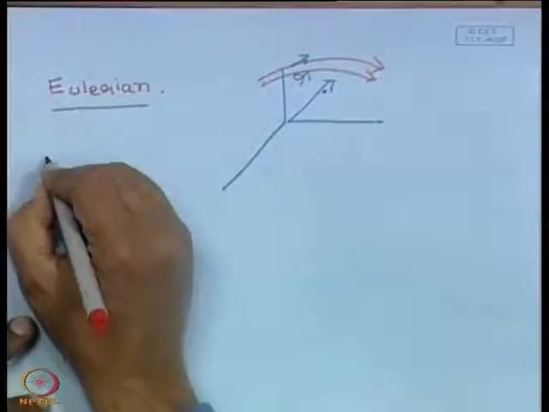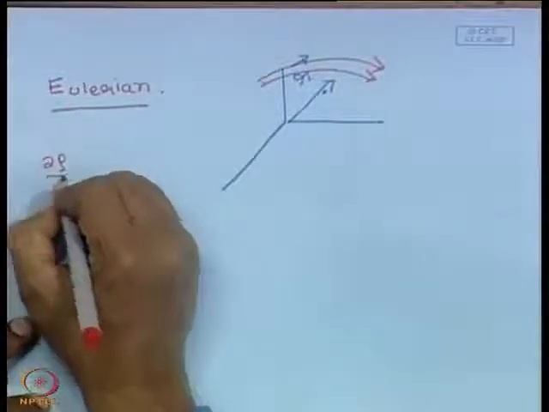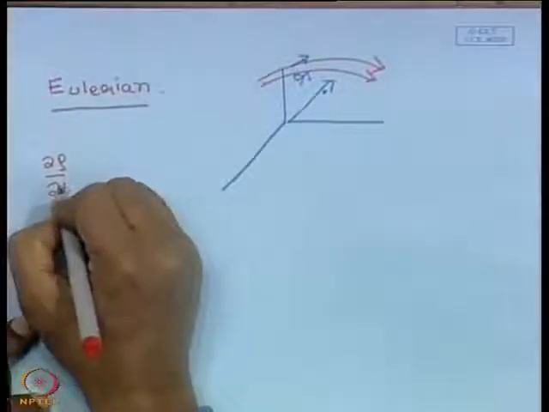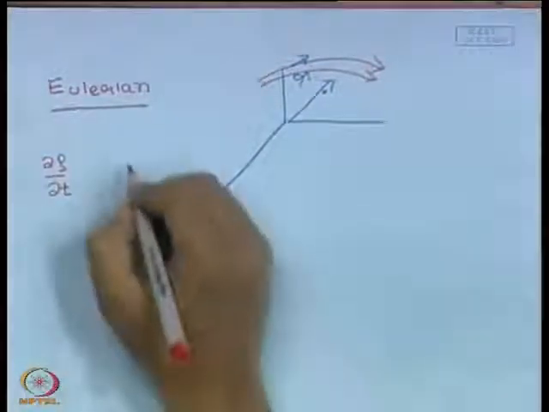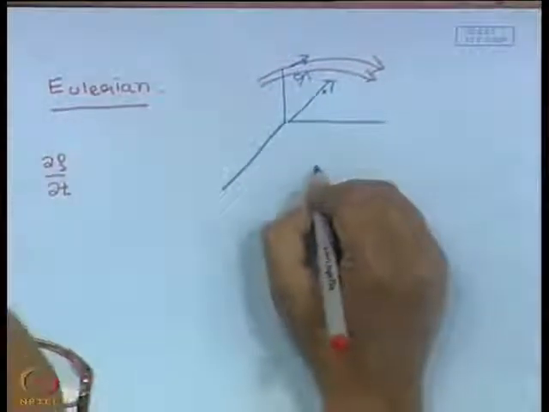So, we have del rho del t, which is at a fixed r. Okay. So, r is a fixed position.